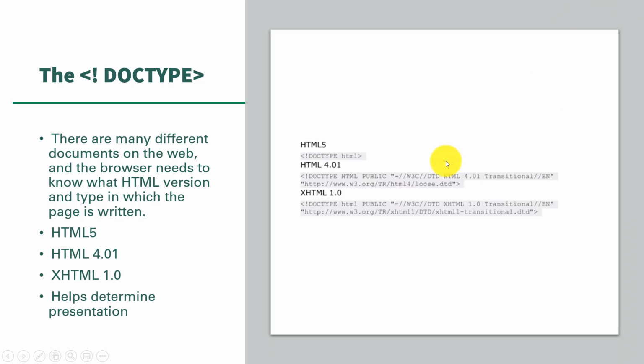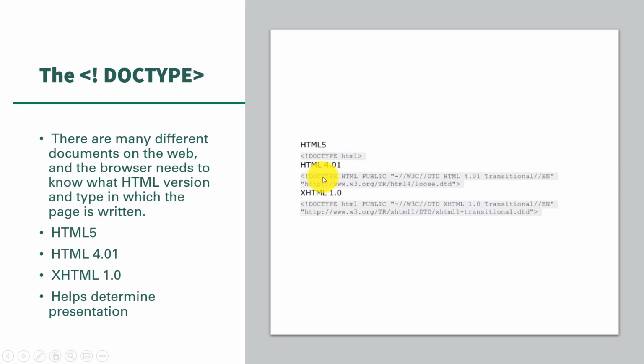So usually on top of your HTML document, you tell the browser what version of HTML you are using. So that is the doc type declaration. If you want the browser to understand that all the code you have in that document is HTML5 code, you tell the browser by using this doc type declaration, HTML.